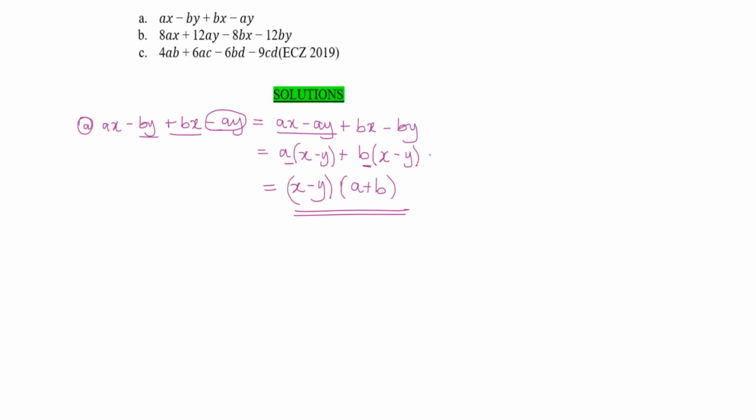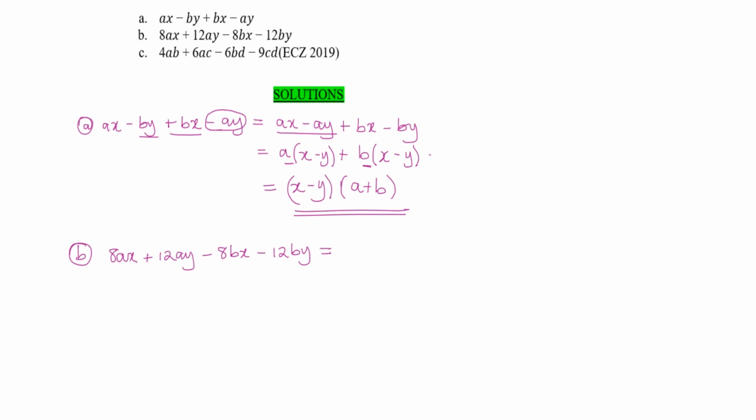We can proceed by looking at b. For b, we have 8ax plus 12ay minus 8bx minus 12by.